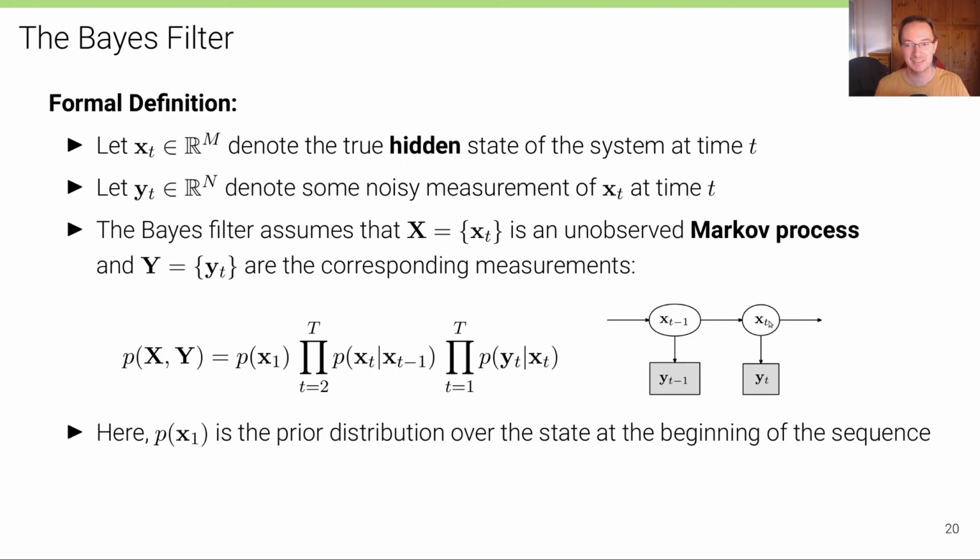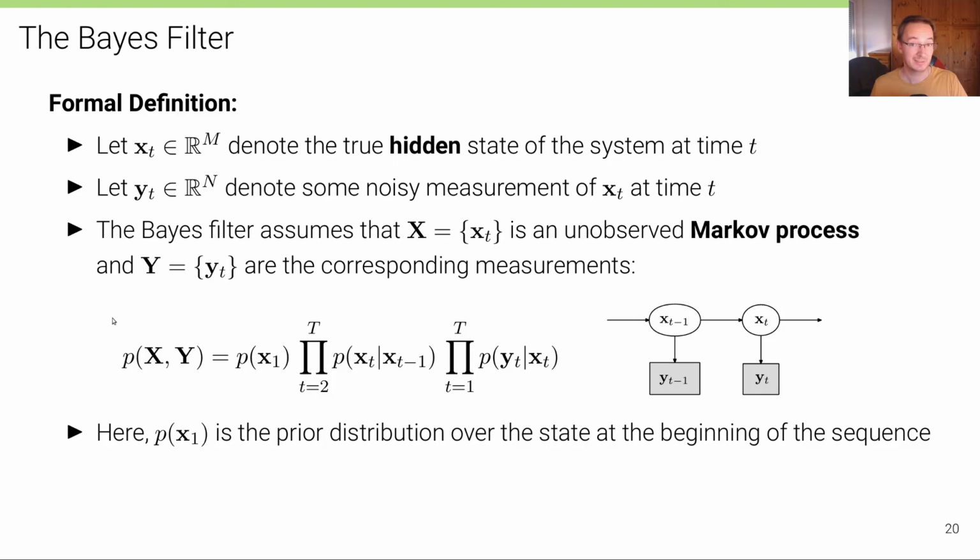But the state does not directly depend on the state at earlier time steps, and the observation does not depend on the state or observations at earlier time steps. This is the so-called Markov property, and that's why it's called a hidden Markov model. We have a hidden layer here, which is the unknown states that we want to estimate, and we are obeying the Markov property that I just mentioned.